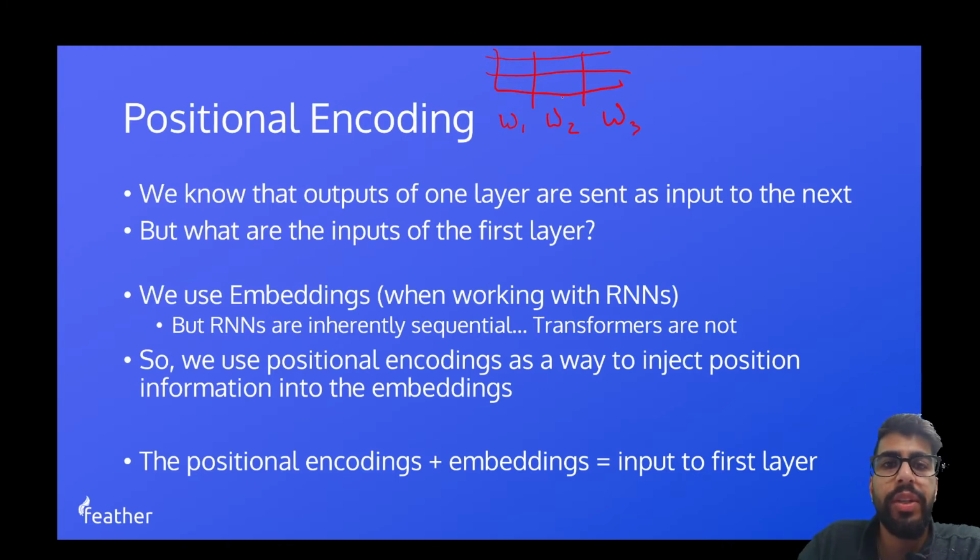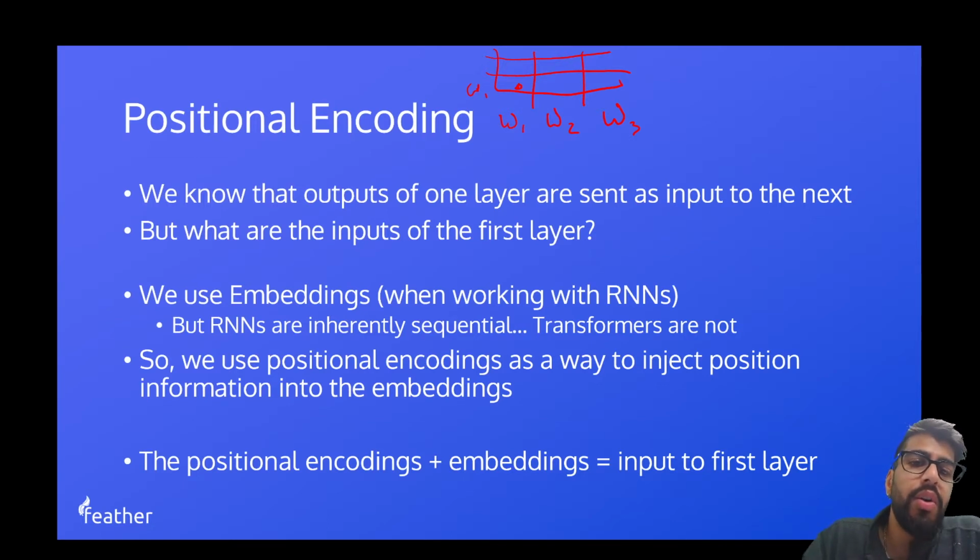We have the attention weights of W2 with respect to W1, and W1 with respect to W3, and W3 with respect to W1, and so forth. But the fact that this is W1, for example, right here, doesn't actually make a sequential difference inside of this self-attention matrix.